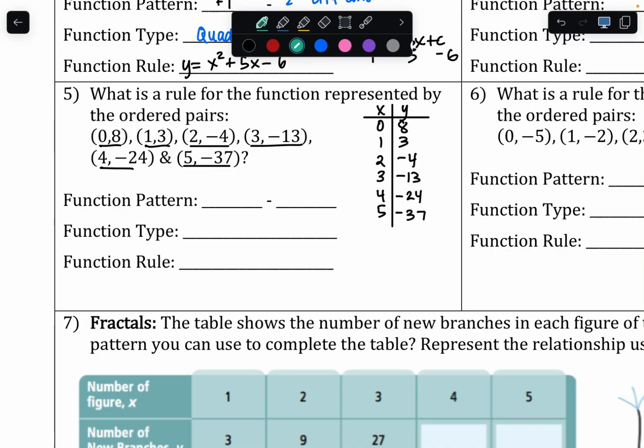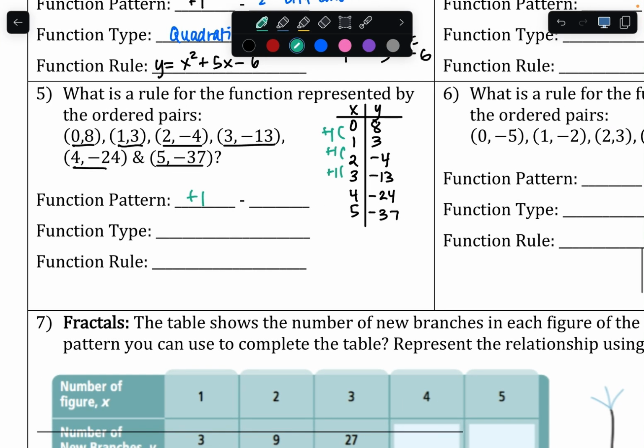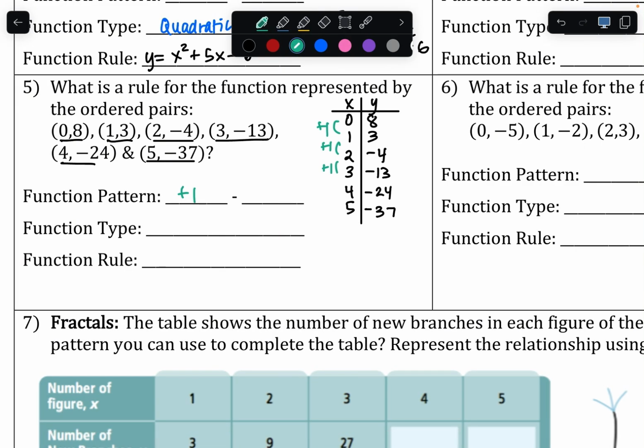Okay, and so it looks like my x's are going up by 1 each time. And then notice we go from positive and then consistently negative, and so I know it's not multiplying by something. It would oscillate from positive to negative, and so I'm going to try the adding pattern. Here we're subtracting 5, and then we're subtracting 7, and then we're subtracting 9, and then from negative 13 to negative 24 is subtracting 11, and then we're subtracting 13.